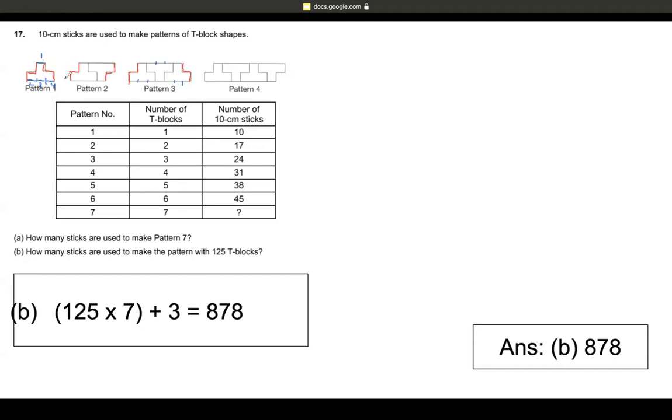Now, how about the T shape? Remember, to form the T, you will need a total of 4 sticks. Since this is the second pattern, it means there are 2 T's, right? So there's 1, 2, 3, 4. That's 1 T. Then 1, 2, 3, 4.